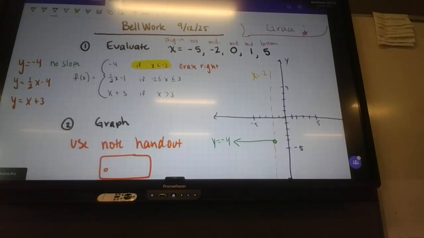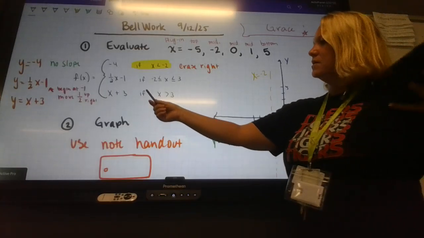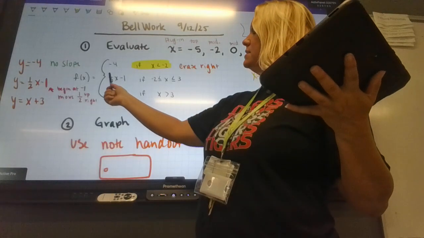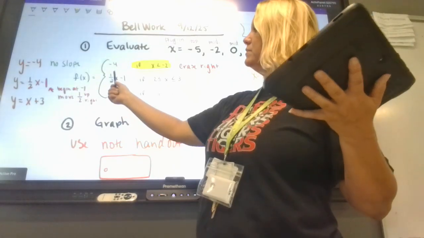All right, moving on to the middle piece. To graph this, you begin your line at -1, and then you move rise over run, up 1, right 2. Oh my gosh, I wrote -4. Right? Begin at -1. So we're going to begin here at the y-intercept, and then this is up 1, right 2, up 1, right 2.